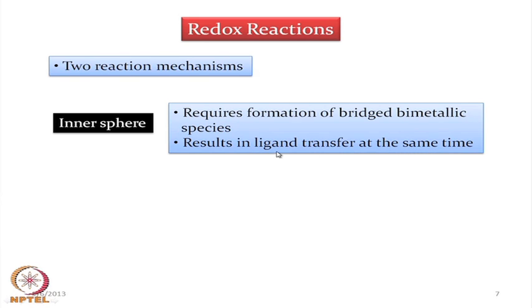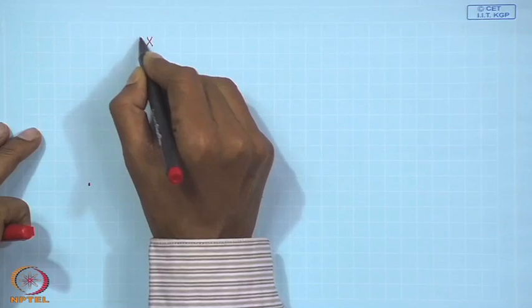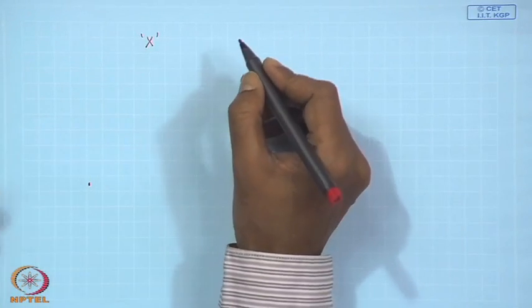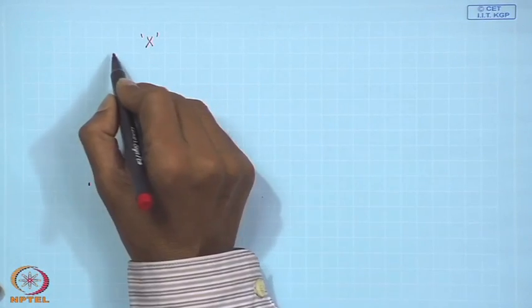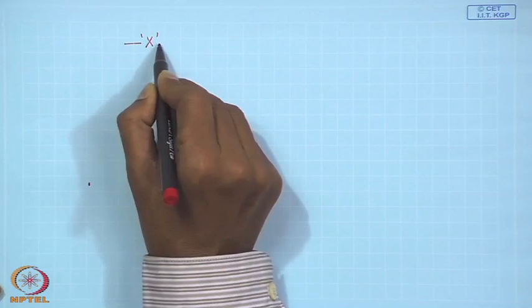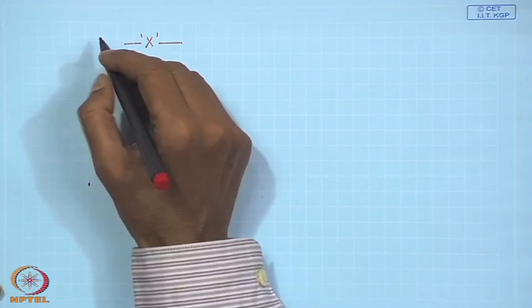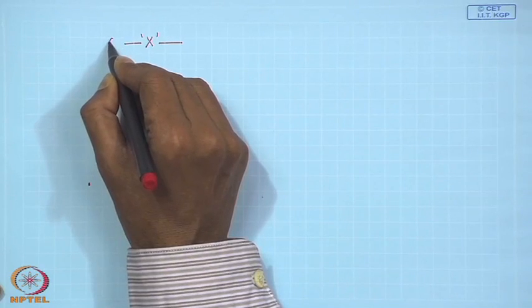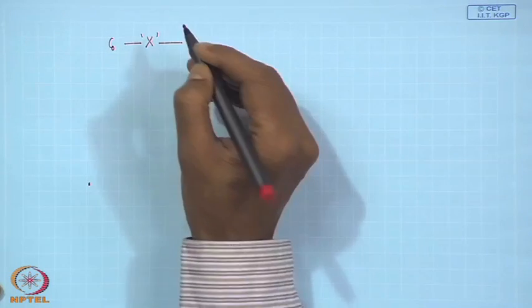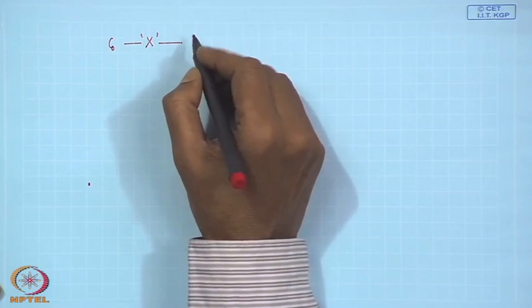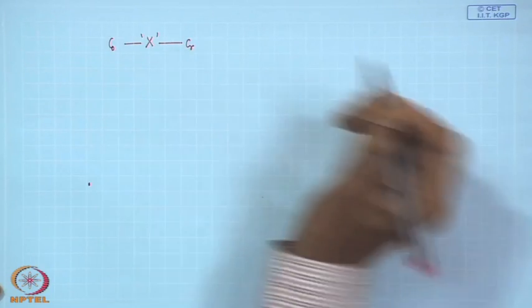That means we can have a ligand X, a unique ligand, that can bridge two metal centers, one of which can be a cobalt center and the other a chromium center.